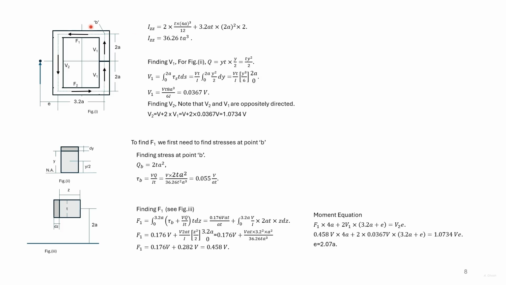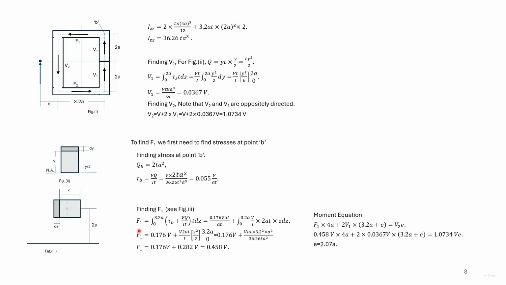Now consider a section here at a distance Z from this point P. To find the stress here, we have to find the stress tau P and add that to the stress due to this portion.